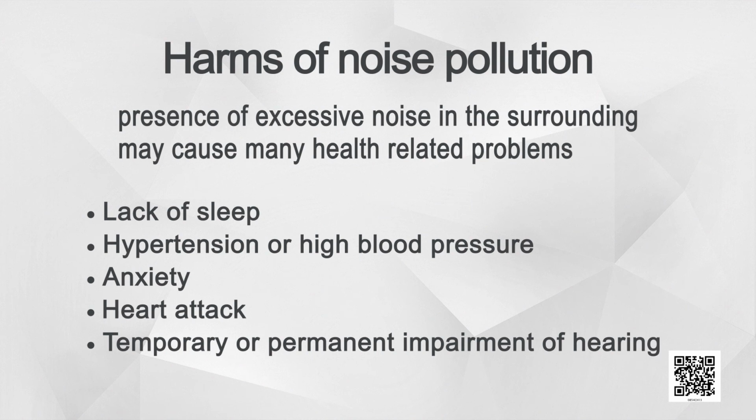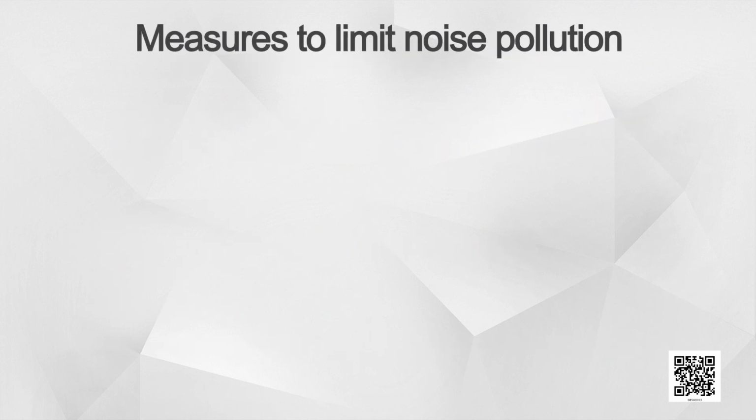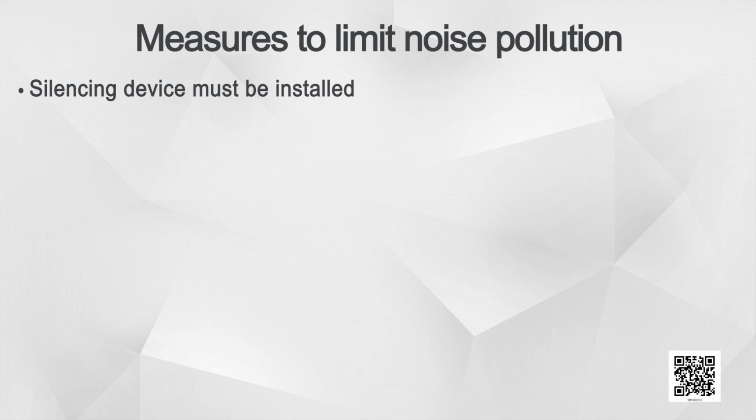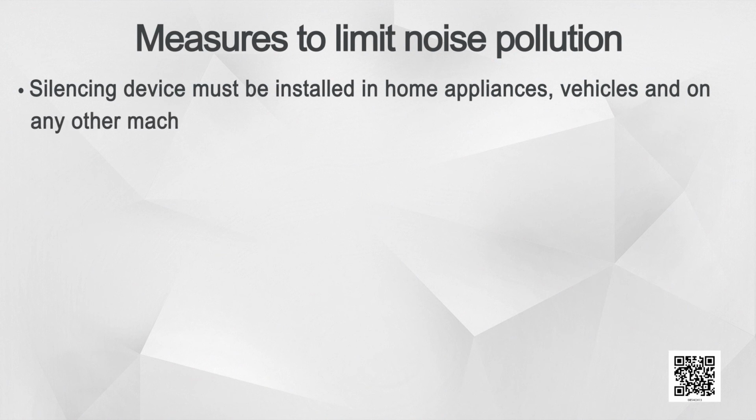Now, let us see some measures to limit noise pollution. To control noise, we must control the sources of noise. For this, silencing devices must be installed in home appliances, vehicles and on any other machines.